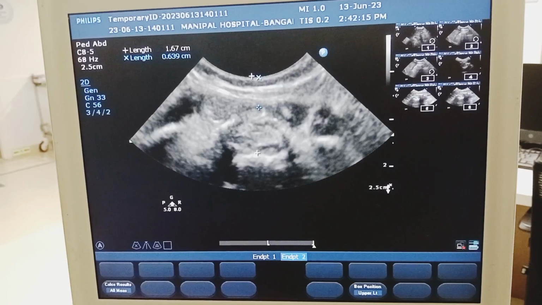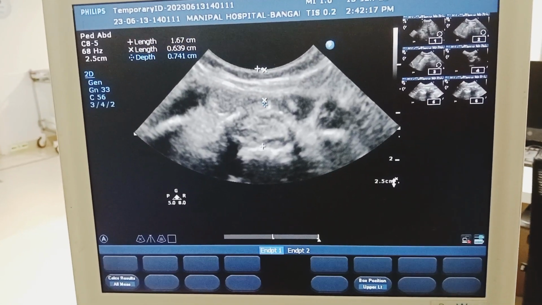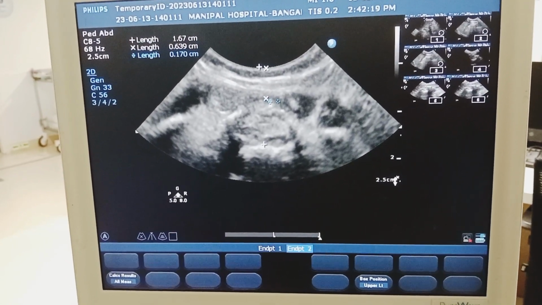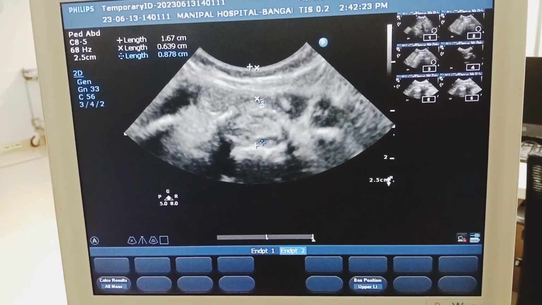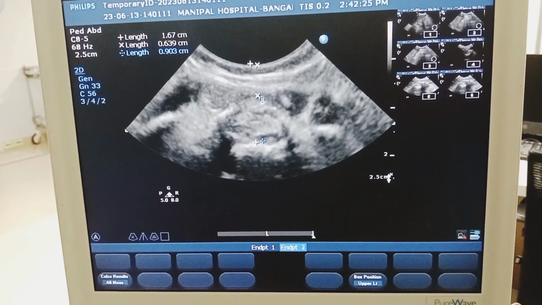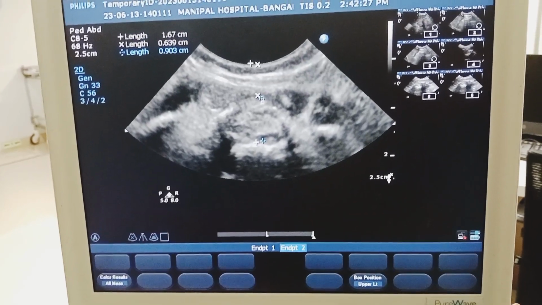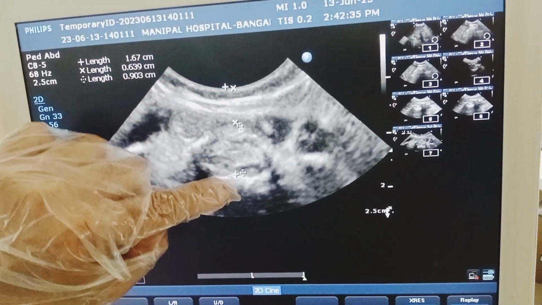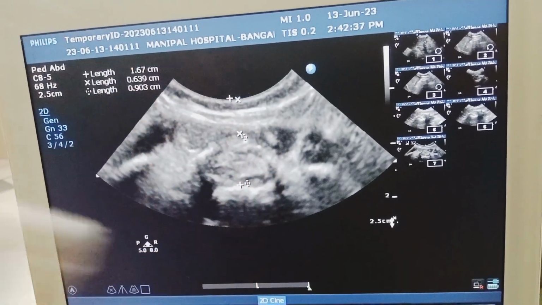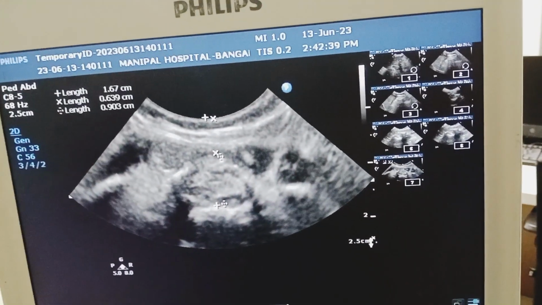Then I take another one from here till here. Okay, yes, that is your spinal canal thickness. So we have the posterior spinal canal depth, anterior spinal canal depth, and spinal canal thickness. All three values we have.